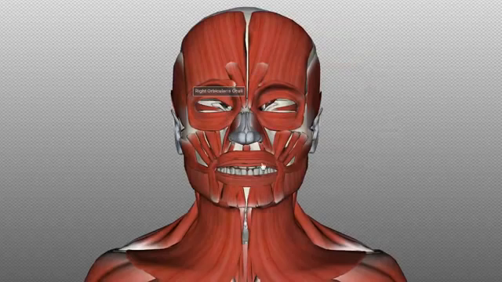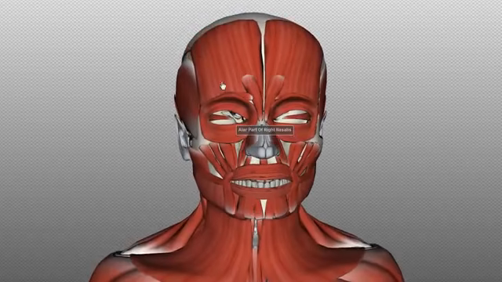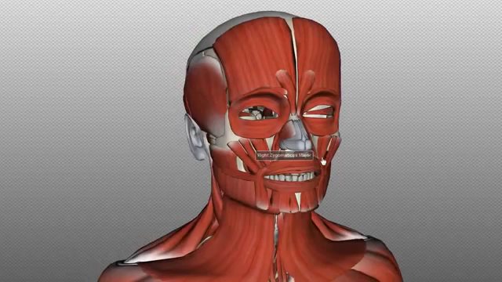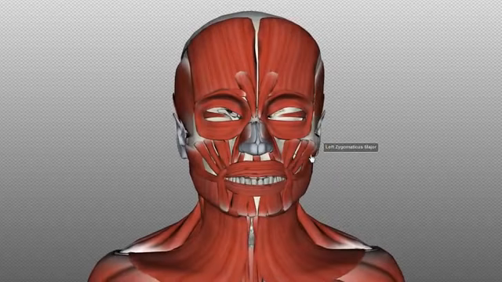And if you're just going to remember four muscles, remember the occipitofrontalis, the orbicularis oculi, the orbicularis oris, and the buccinator. And when you're remembering any muscles, just try and think of what the name means, what the words actually mean, because they generally help you to remember the position and the function of the muscle. So that's the muscles of facial expression.